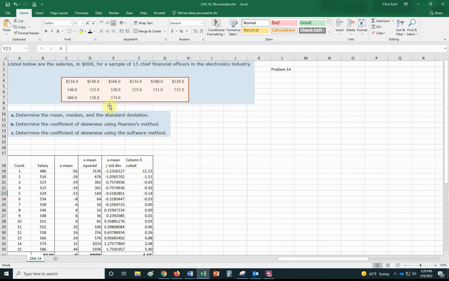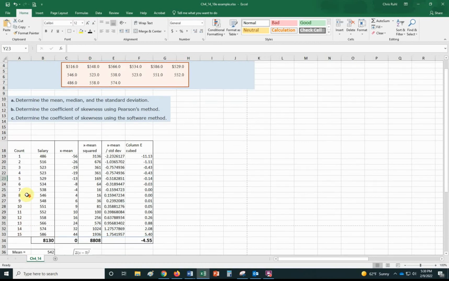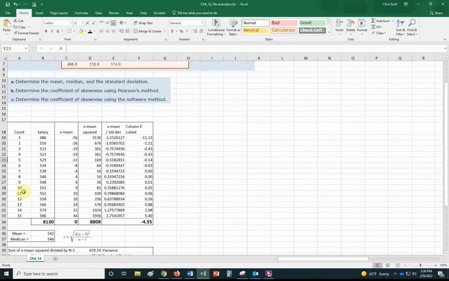So I took these numbers, put them in a list, and then sorted the list so that we went from the smallest, which was 486, to the largest, which was 586. And then I did a count and found out there were 15 entries. So this is my n value, it's 15. Anytime I need to do anything with n, this is n right here.